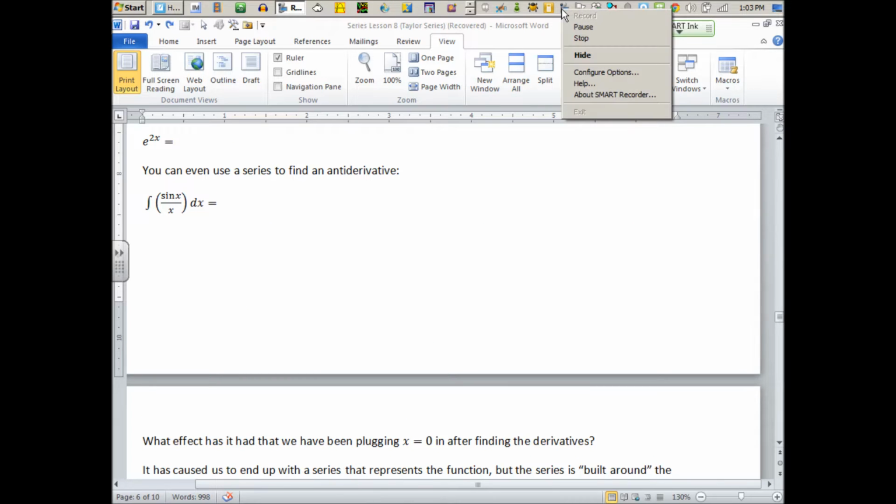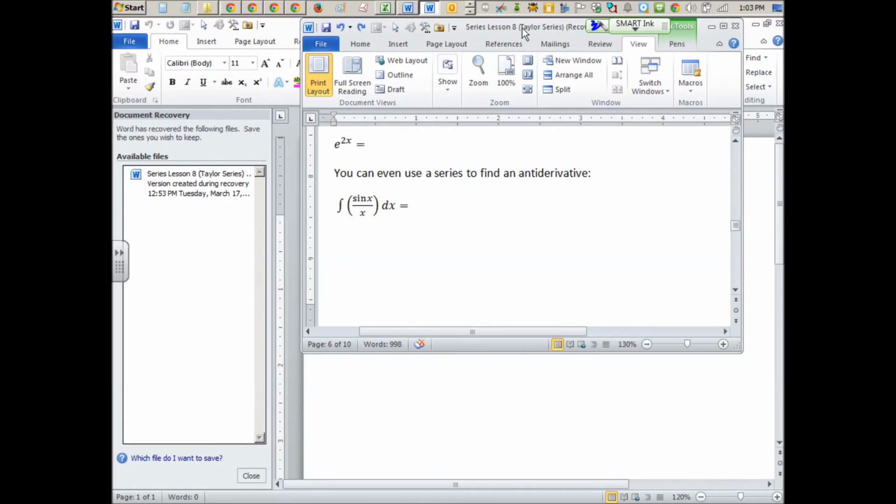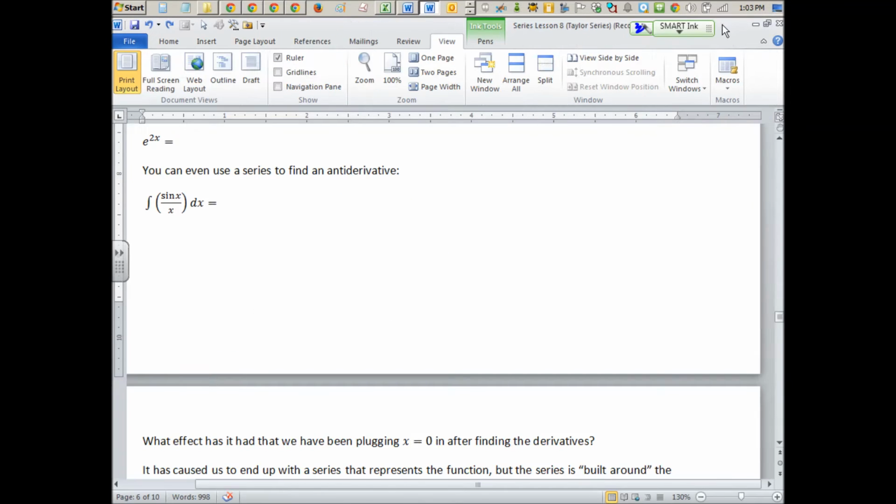Okay, so on this one, e to the 2x, you might think, oh no, I've got to find the first, second, third, fourth, fifth, sixth derivative. Then I've got to plug in 0, and I'm going to get all the coefficients. No. Look, if e to the x is simply this series, then e to the 2x would just have a 2 here.